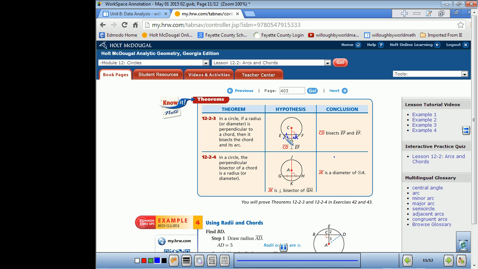All right, and then really the last topic today says that if a radius is perpendicular to a chord, it's going to bisect the chord and it bisects the intersected arc. So if a radius is perpendicular to a chord, it bisects the chord and the intersected arc.